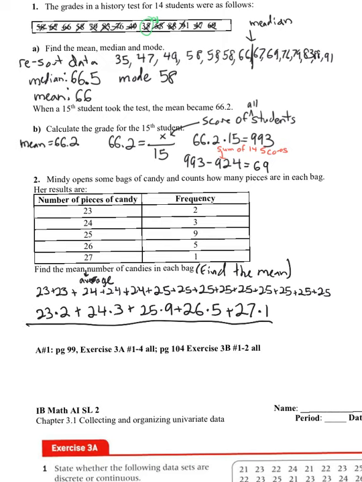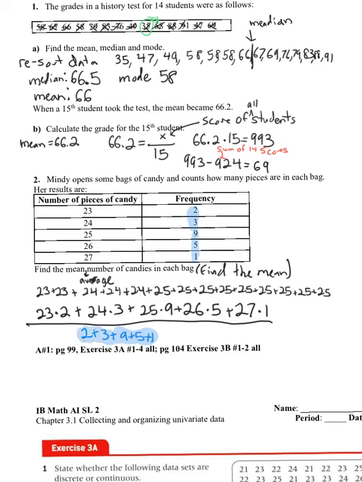And then the frequency, I just had to add that up: 2 plus 3 plus 9 plus 5 plus 1. I'm going to highlight that in blue. There's our frequency, and that's what's going on down here at the bottom, so you know where those numbers are coming from.